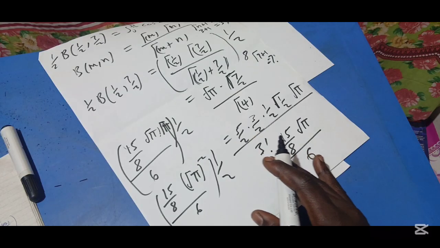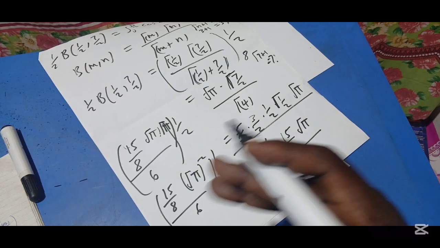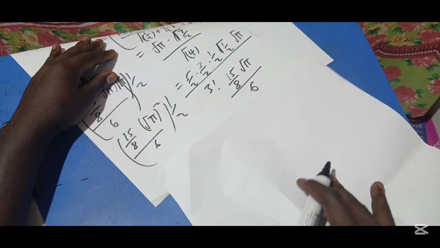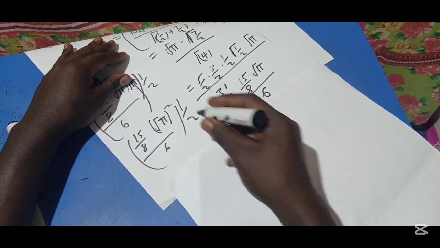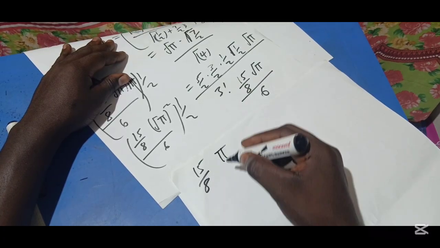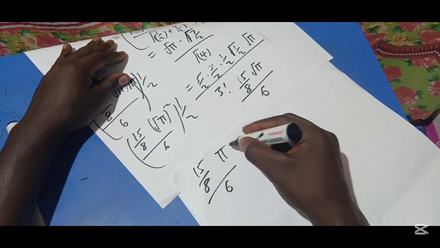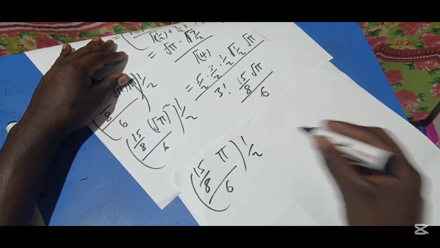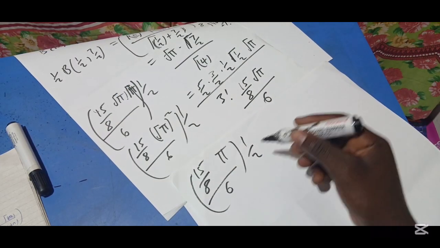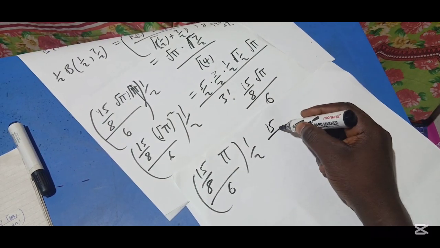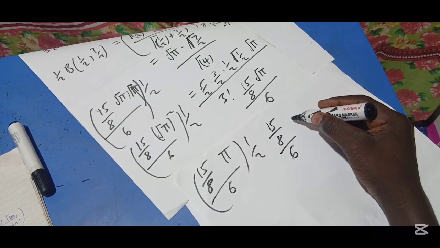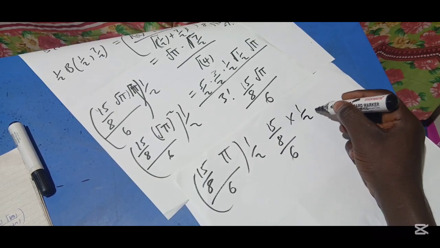So we are going to get 15 on 8 pi all on 6 multiplied by half. Focusing on the numerical aspect, let's say we have 15 over 8 all divided by 6 multiplied by half.